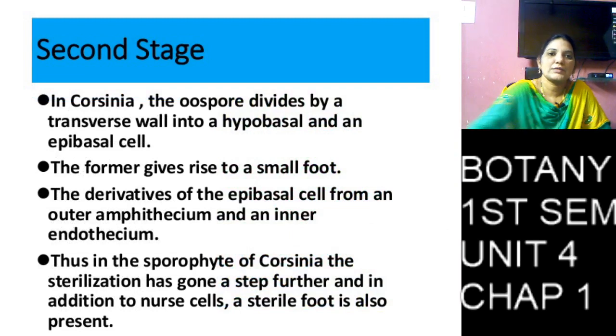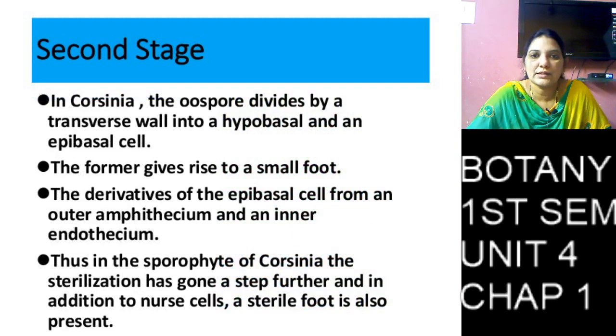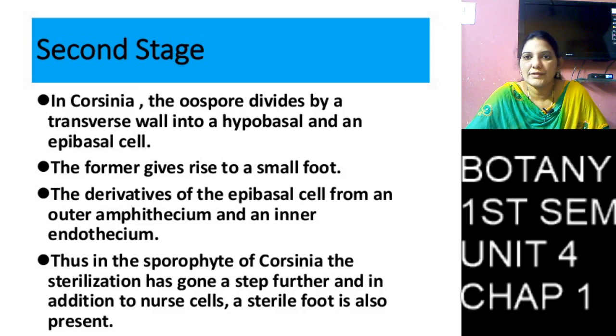Coming to the second stage, here Carcinia. The Carcinia thallus has a very small foot. We can see that Riccia is a round shape structure without any foot and seta, whereas Carcinia has a small foot.